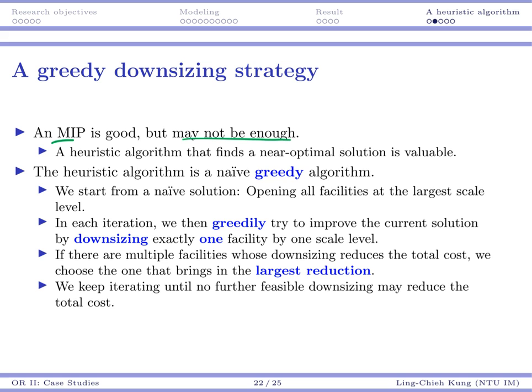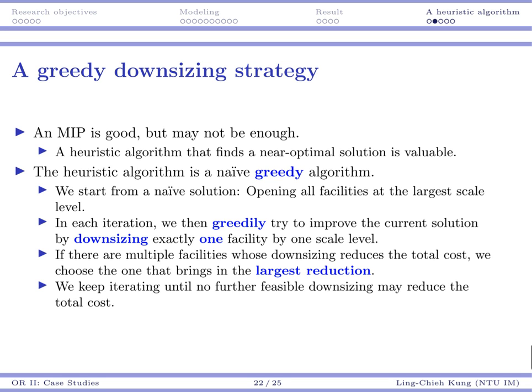If you expect to evaluate more kinds of decisions, like maybe you have different types of customers, maybe you have different types of services, and so on. So it's always possible for you to need a heuristic algorithm so that you may find a near optimal solution in a short time. It's always valuable.